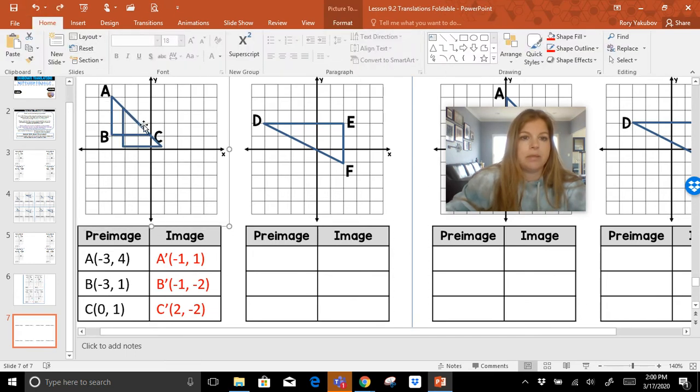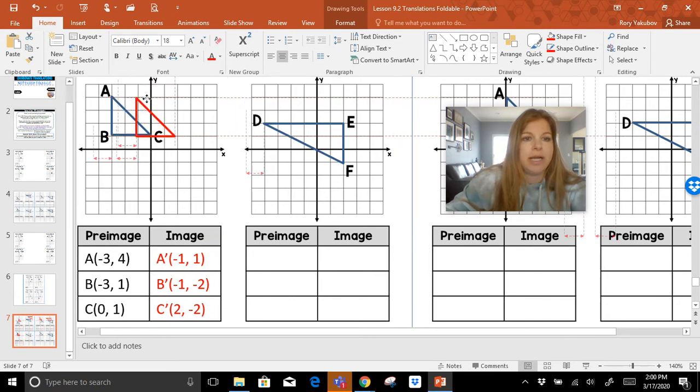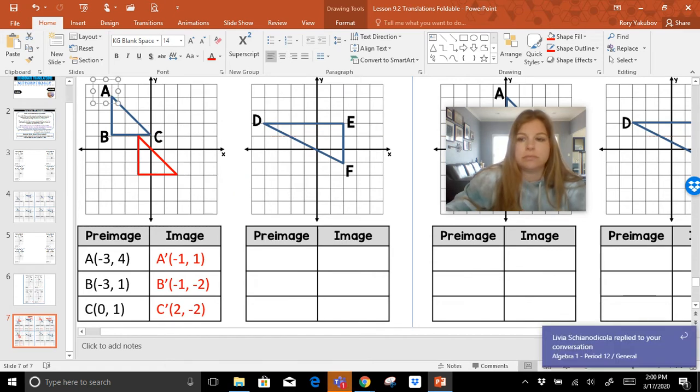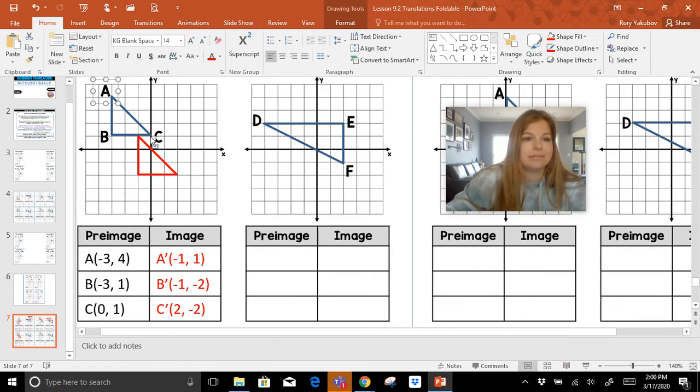I'm going to make my new figure red. If we were to add 2, it would tell me from here to go 2 to the right and then down 3 units. And these would be our new points.